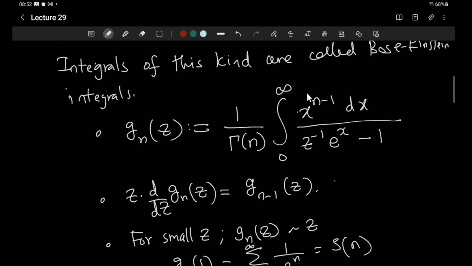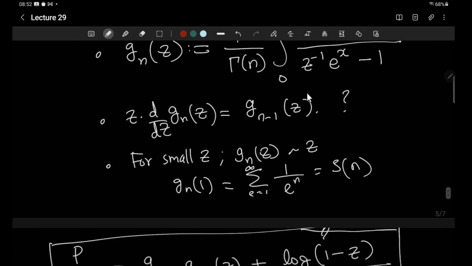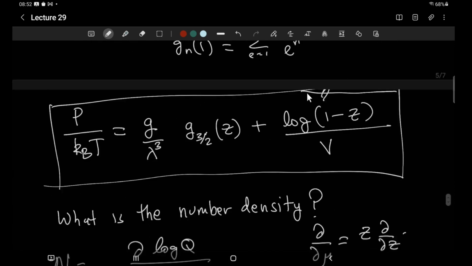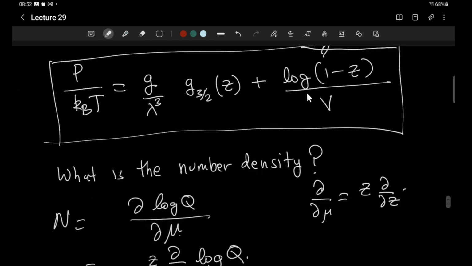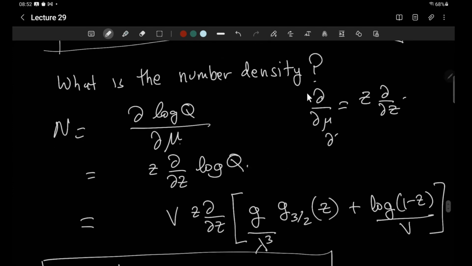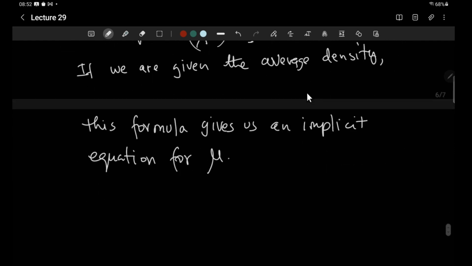So I'll put a question mark here. Is this correct or wrong? I don't know. Z d by dz is d mu, right?